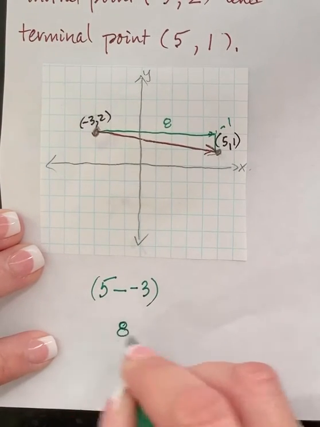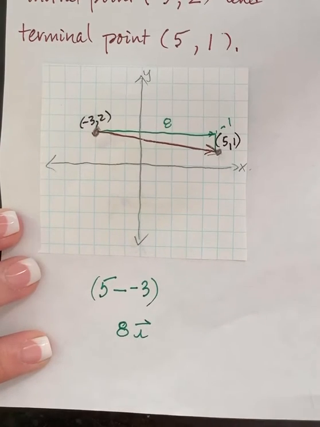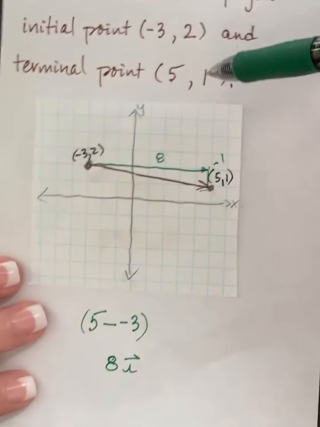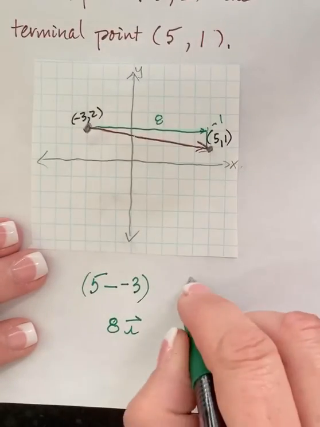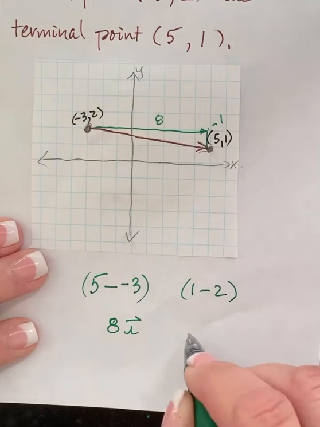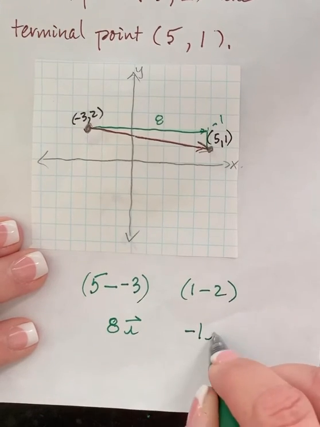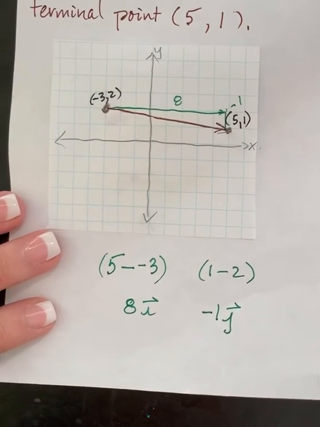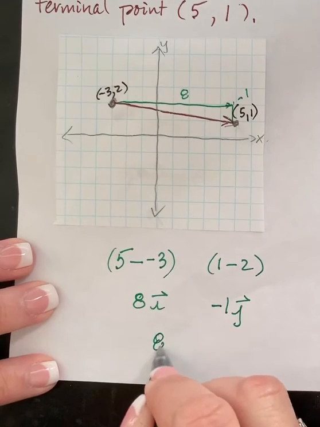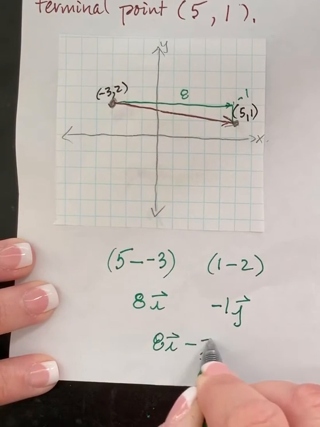So that would be 8. And so we'll multiply that by vector i. And then if we subtract the vertical components, 1 minus 2, that'll give you -1, and that's what will be multiplied by j. So then the answer is 8i minus j.